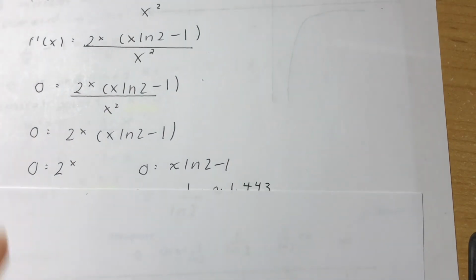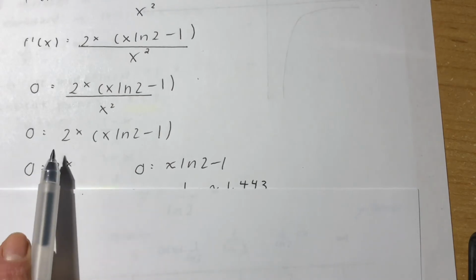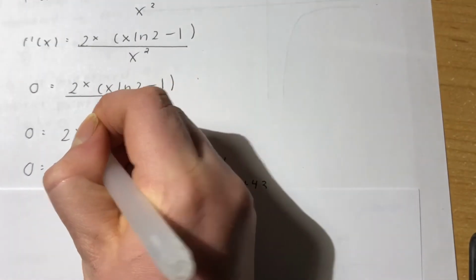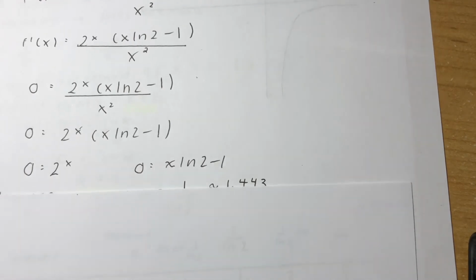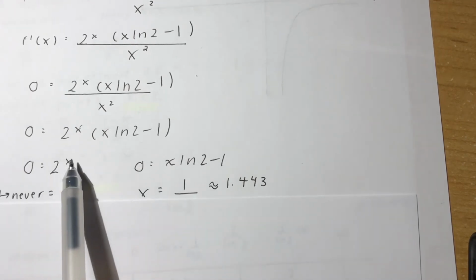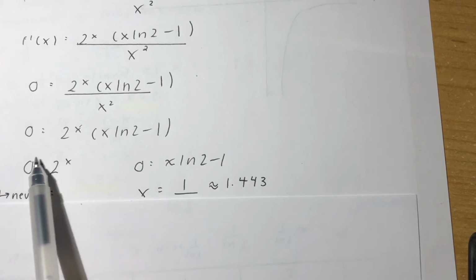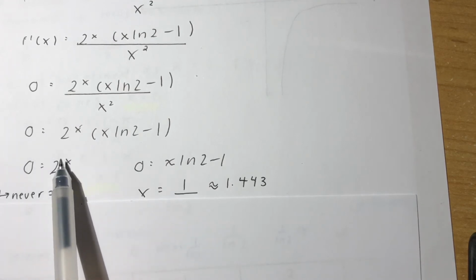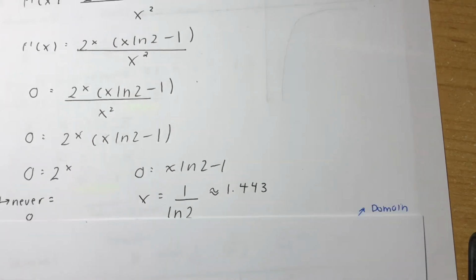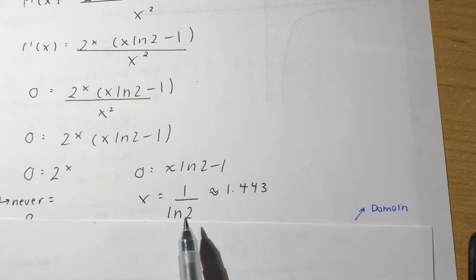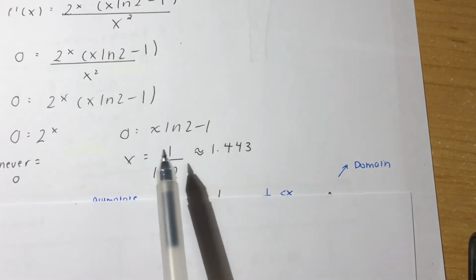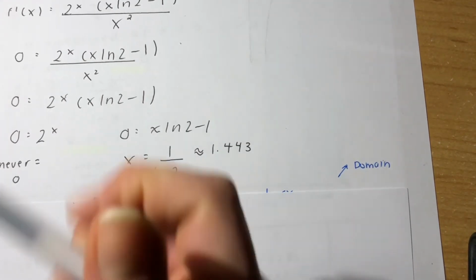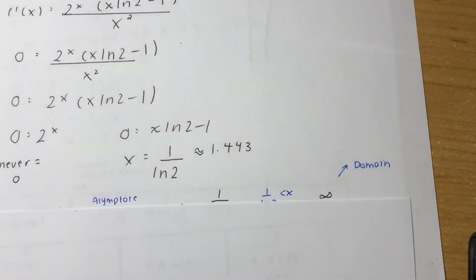So now we get 0 is equal to 2 to the exponent x, and 0 is equal to the other factor, x ln 2 minus 1. We actually cannot solve for x in the first factor because there's no value for x that 2 to the exponent x would give us 0. However, we can solve for x in the second factor. We just rearrange and solve for x is equal to 1 over ln 2.